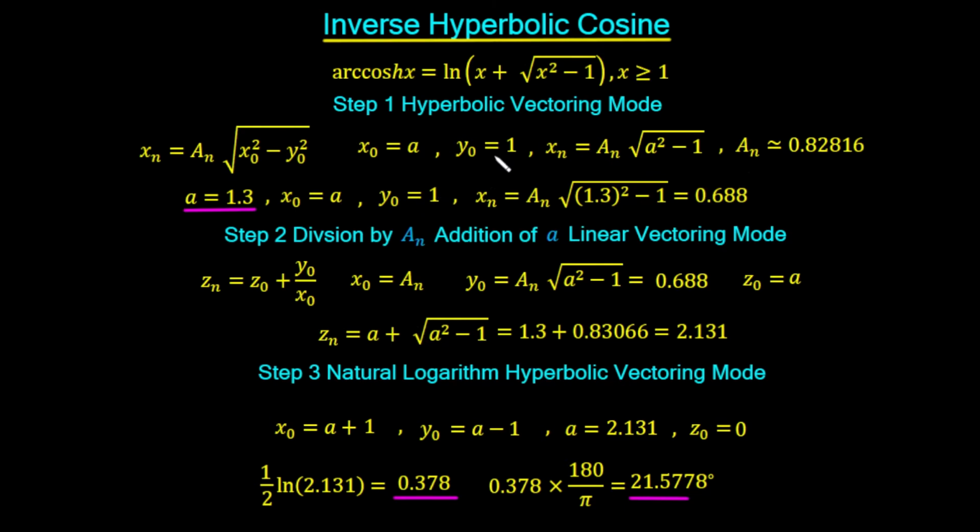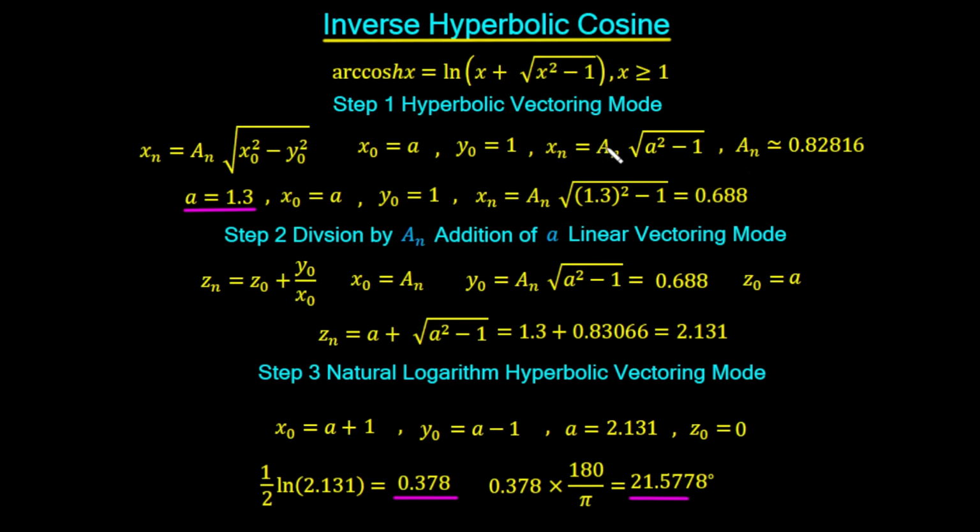The y naught is going to be a value of 1. That means that the output that we expect to see is An times the root of 1.3 squared minus 1, which is equal to 0.688. So that's going to give us this factor here in effect, but multiplied by this value of An.